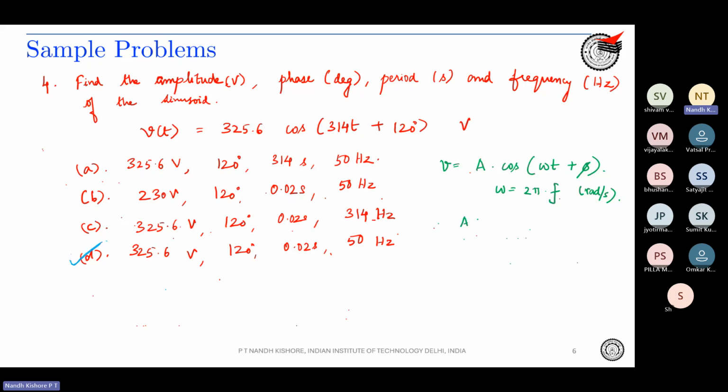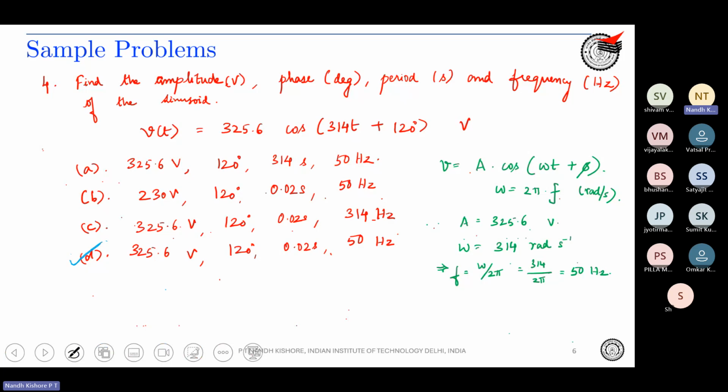Your amplitude is directly 325.6 volts, and omega is 314 radians per second, which means f equals omega by 2 pi. So 314 by 2 pi gives you 50 hertz. And of course the phase is 120 degrees.